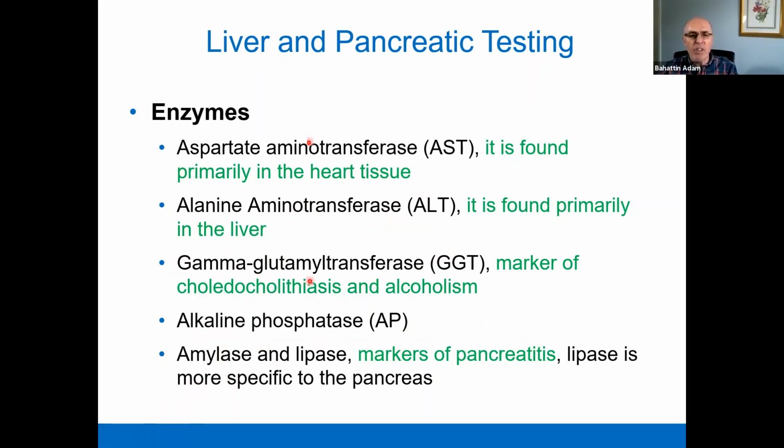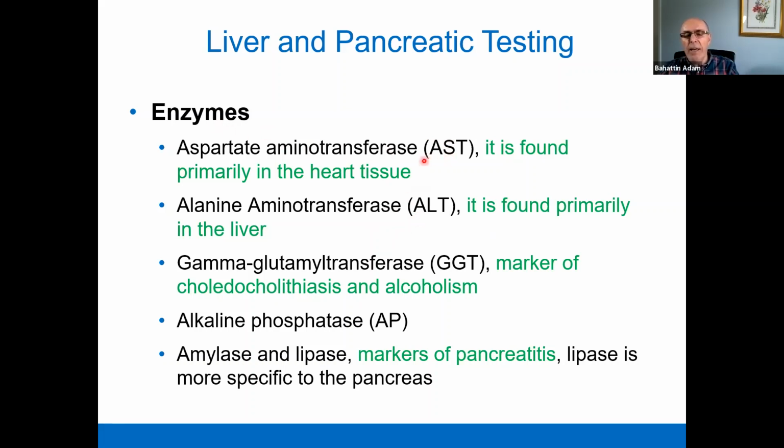As you see here, AST is found primarily in heart tissue. Both enzymes are present in heart tissue and in liver tissue.